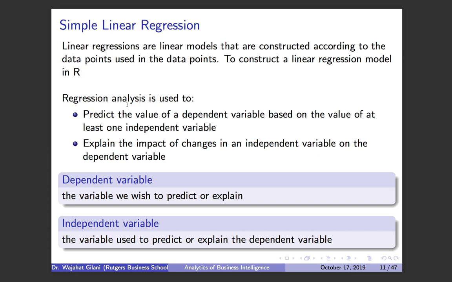We give it a dependent variable and an independent variable, okay? The dependent variable is the variable that we wish to predict or explain. The independent variable is a variable we're using to predict or explain the dependent variable, right?